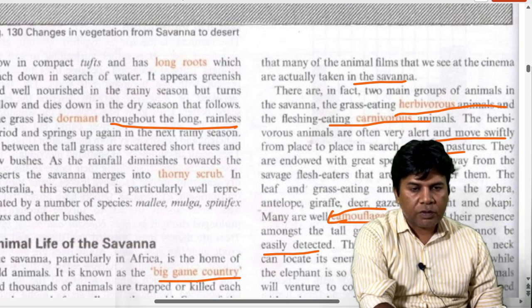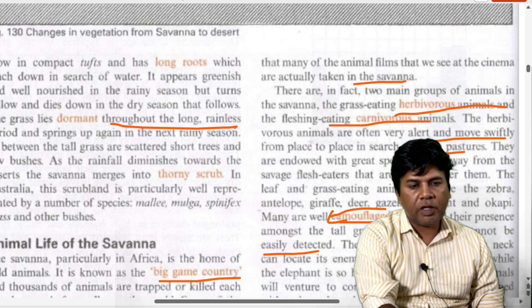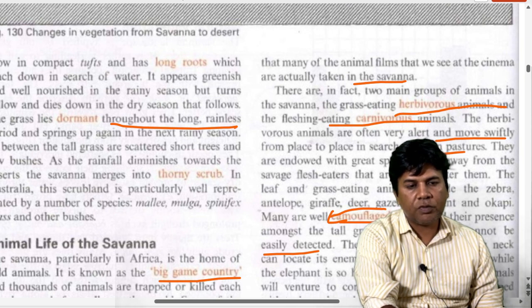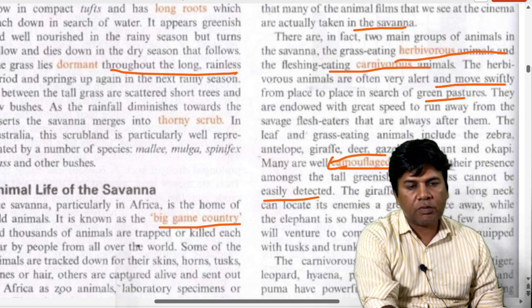The giraffe with such a long neck can locate its enemy at a great distance away, while the elephant is so huge and strong that few animals will venture to come near it. It is well equipped with the tusk and trunk for defense.